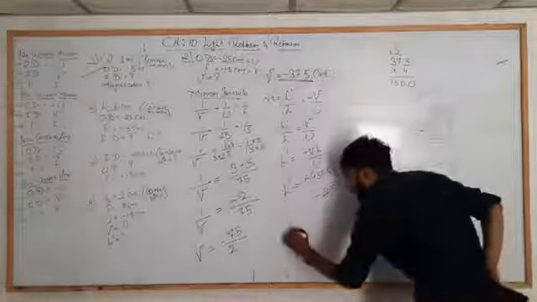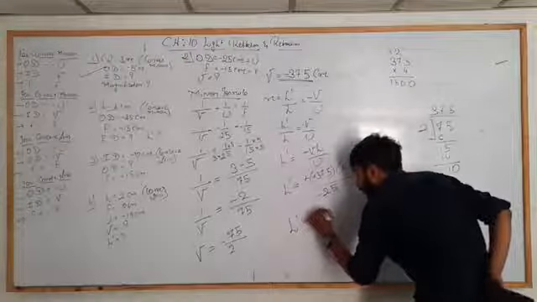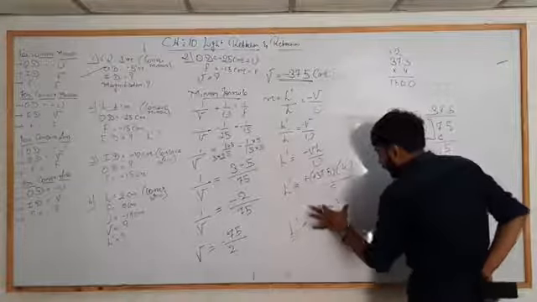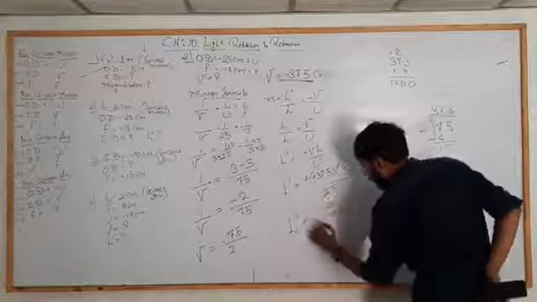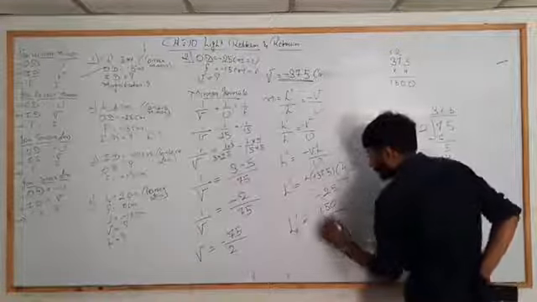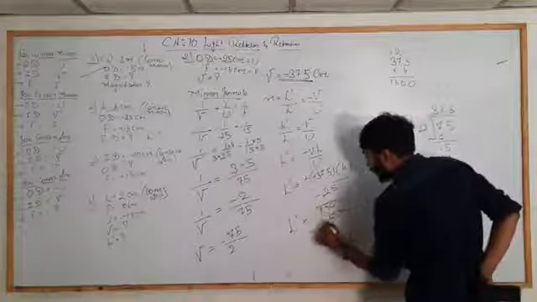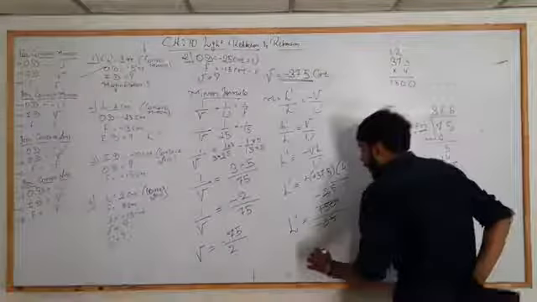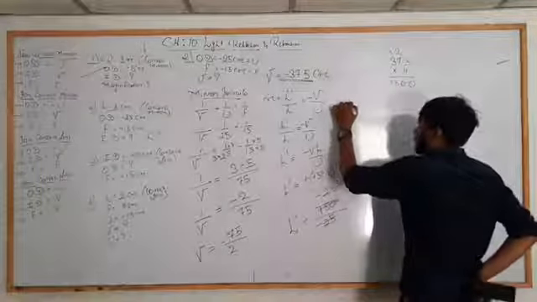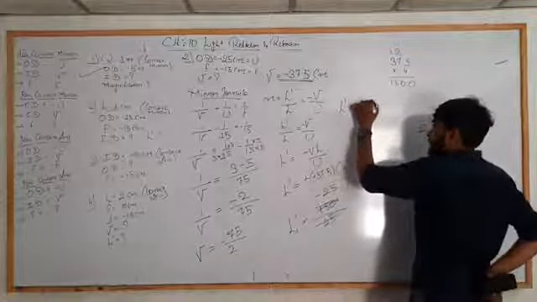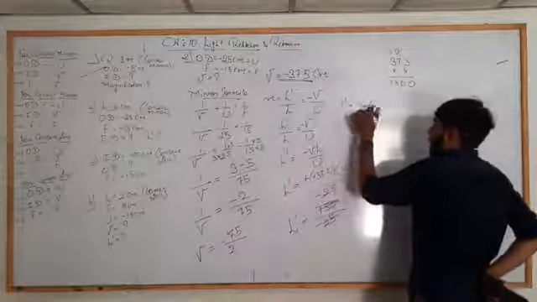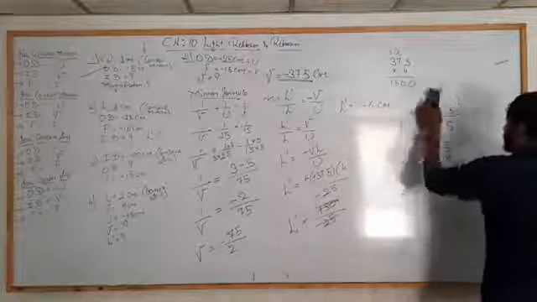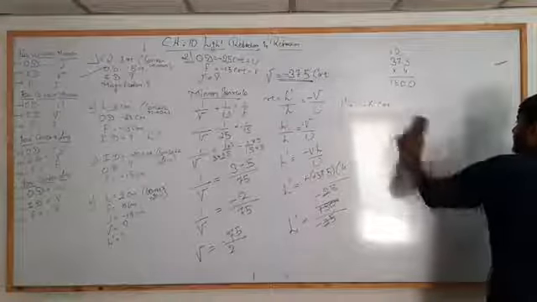Now we can write h prime is equals to plus 1500. Sorry, not 1500, of course, 150 upon minus 25. So we can cancel this 150 with 25, 6 are, and so our h prime becomes minus 6 centimeter.